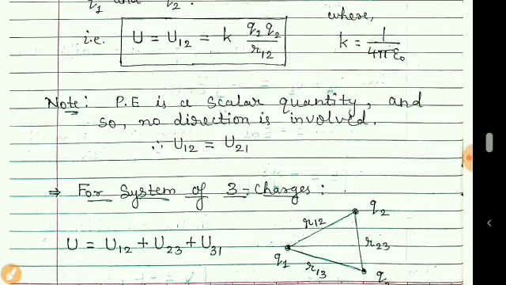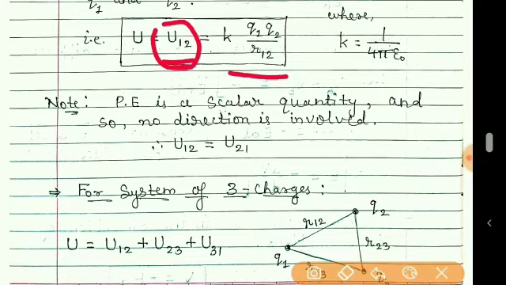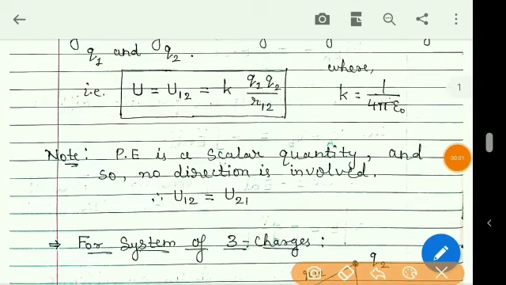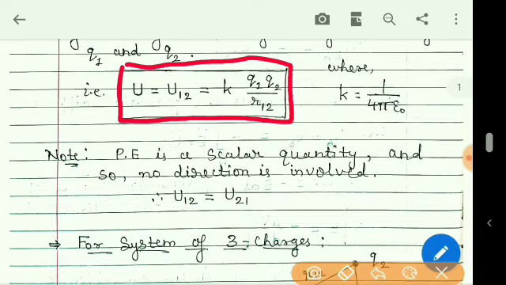Again, here I have written U12 is equal to this. But in place of U12, if I write U21, then also it is the same as U12. So here the potential energy of the system of two charged particles is obtained.